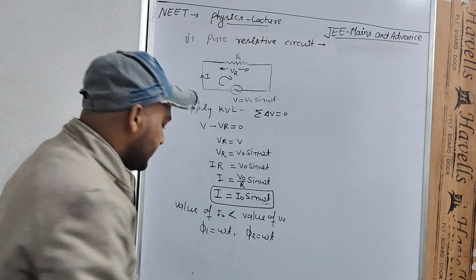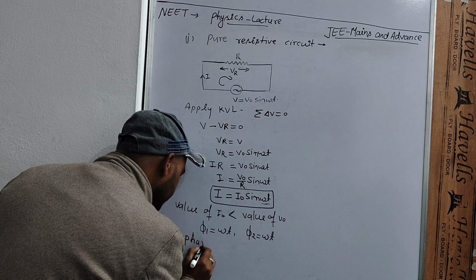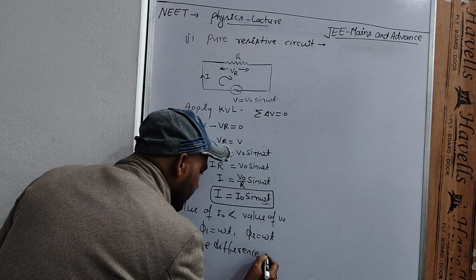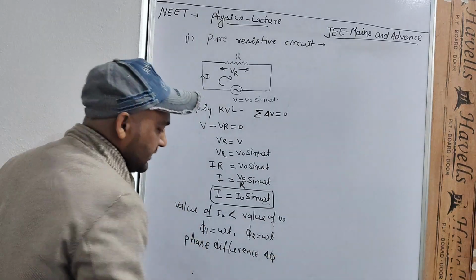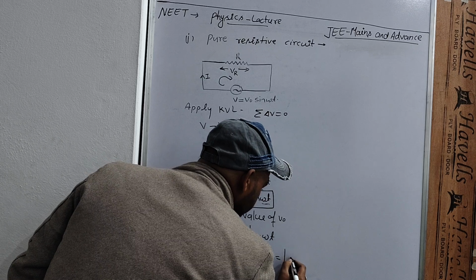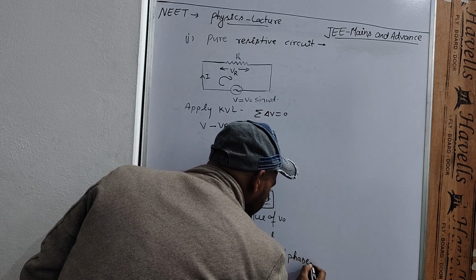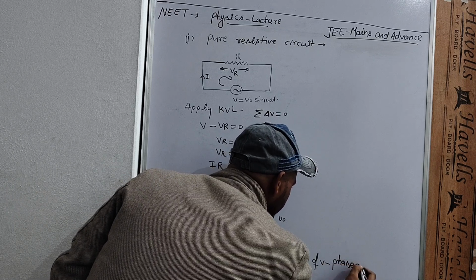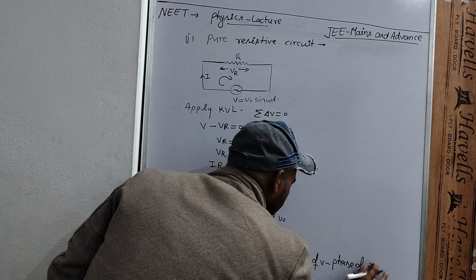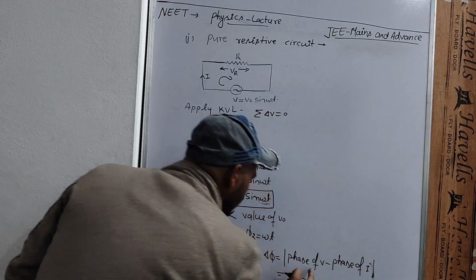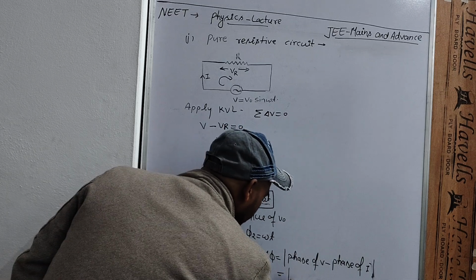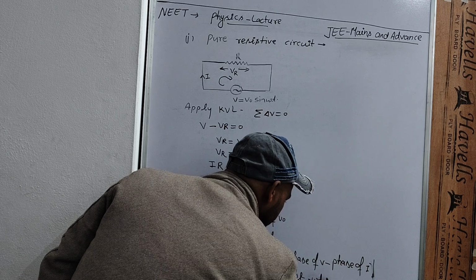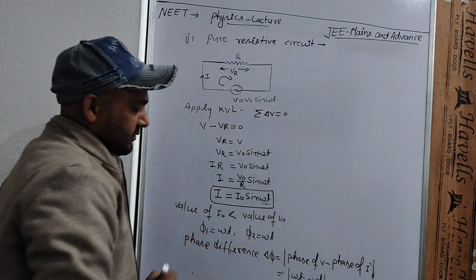Now the formula of phase difference, which is denoted by the symbol delta phi, is mod of phase of V minus phase of I. Phase of V is omega t minus phase of I is also omega t. Then the phase difference becomes 0.